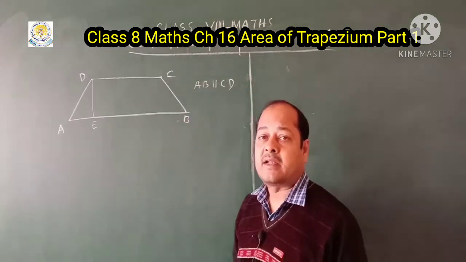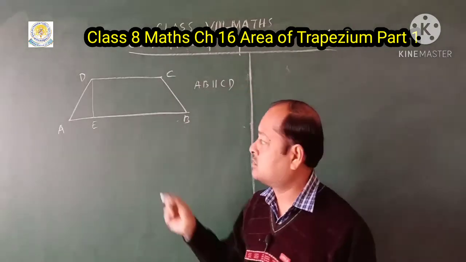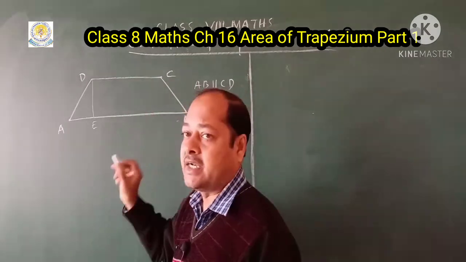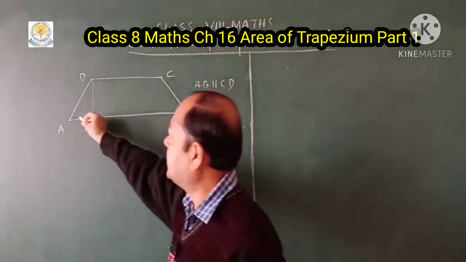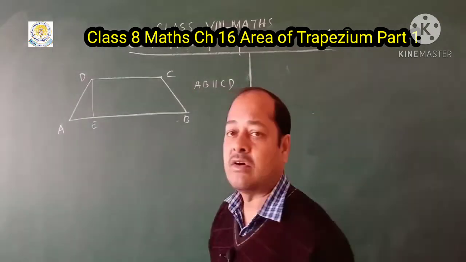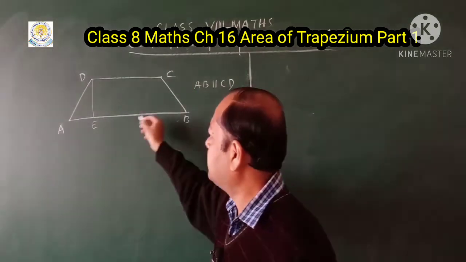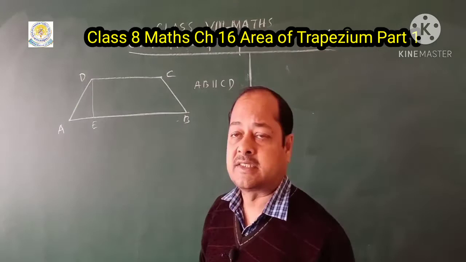So one pair of sides is parallel. AB is parallel to CD, and the other sides are not parallel. AD and BC are non-parallel sides, and AB and CD are parallel sides.